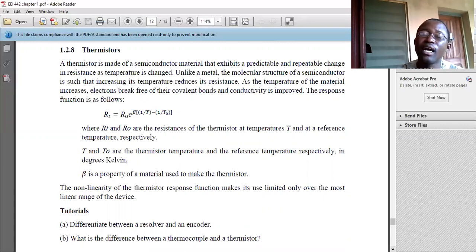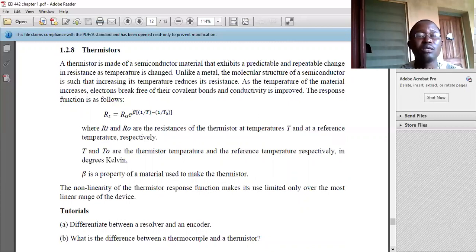Like I've explained just before now, a change in temperature of a semiconductor causes a reduction in its resistance, because higher temperature causes more charge carriers to be developed inside silicon or germanium.